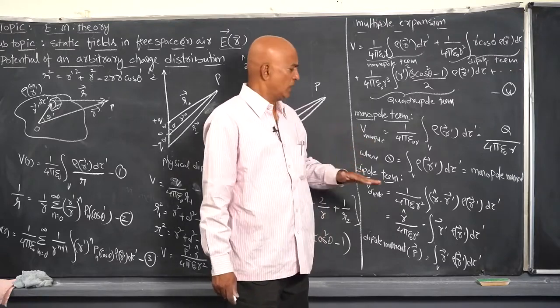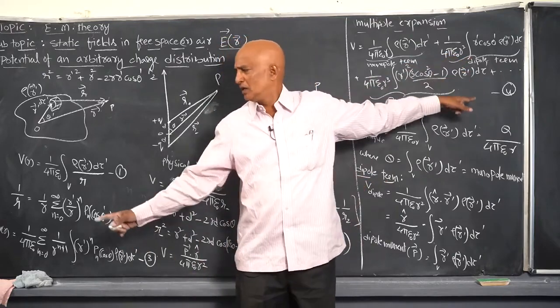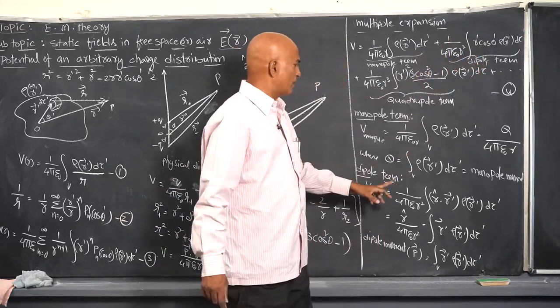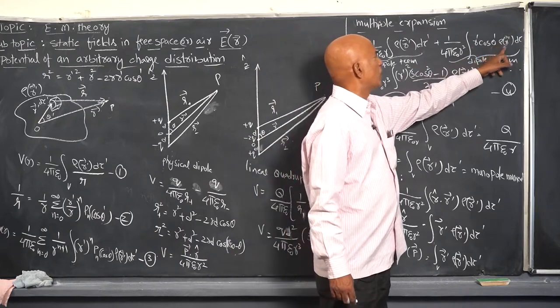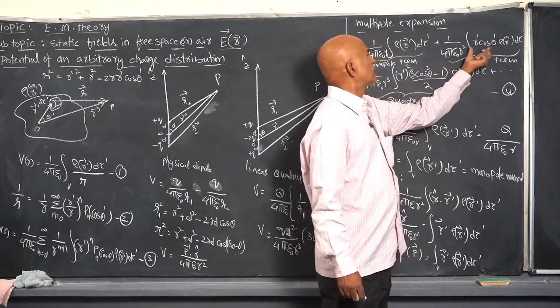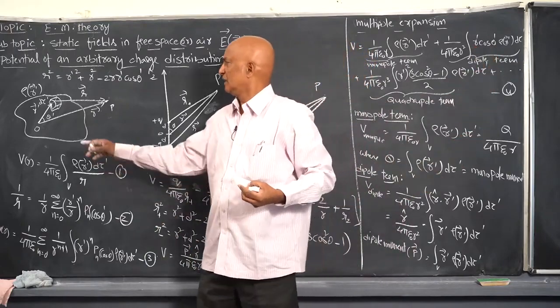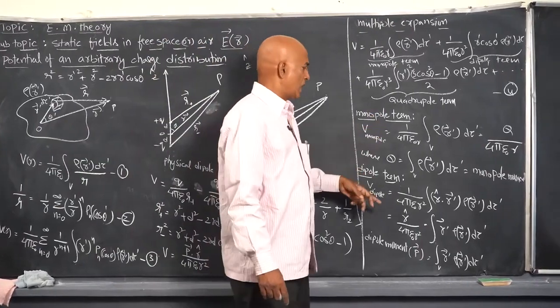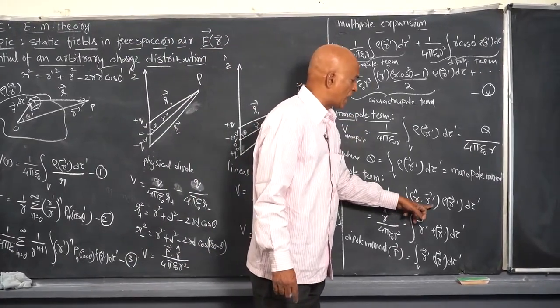Now coming to the dipole term, the second term. When you put n is equal to 1 in equation 3, you will get the second term, the dipole term: 1 by 4 pi epsilon naught r square into the integral of r prime cos theta prime into rho of r prime d tau prime. In this, r prime cos theta prime, where theta prime is the angle between the r prime vector and the r vector, can be written as the dot product r cap dot r prime.